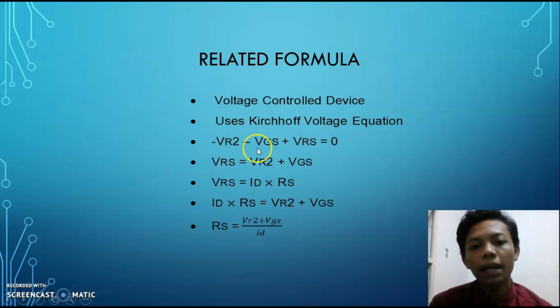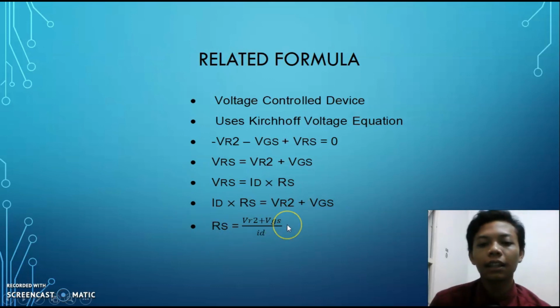Negative VR2 minus VGS plus VRS equals 0. Next, VRS equals VR2 plus VGS. Next, VRS equals ID times RS. Next, ID times RS equals VR2 plus VGS. Next, RS equals VR2 plus VGS divided by ID.